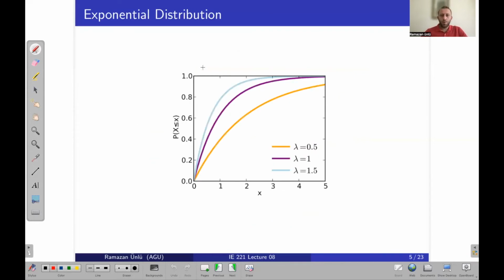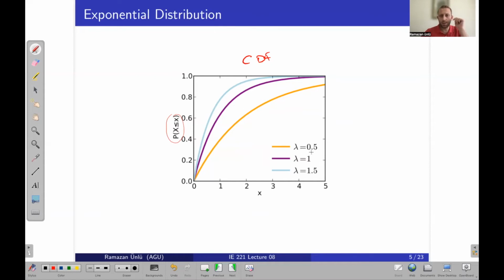That is the shape of the CDF. This is the probability graph of the exponential distribution, giving the probability that x is less than or equal to some specific value. Again, the value of lambda will change the shape of the CDF.